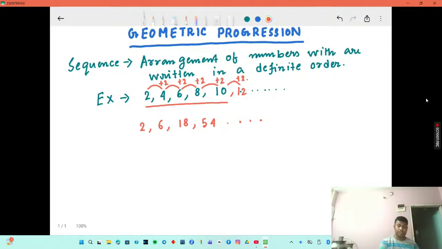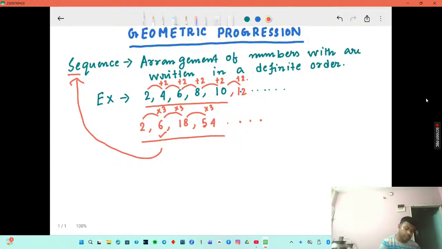The second term is 6, and to obtain 6 we have to multiply 2 by 3. To obtain 18 we have to multiply 6 by 3, and to obtain 54 we have to multiply 18 by 3. So we can definitely say that these numbers are in sequence.